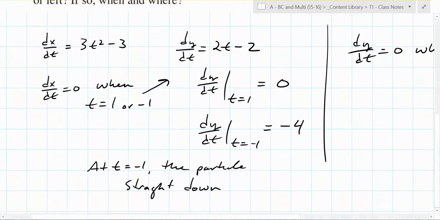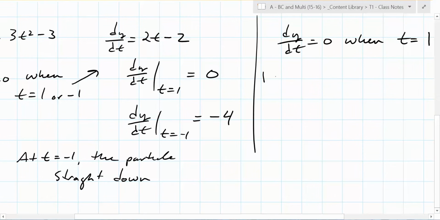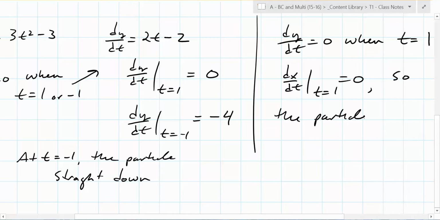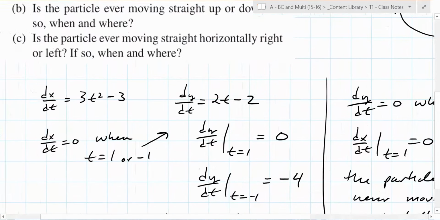But when you plug that into dx dt, it's 0. So dx dt at t equals 1 is 0, and there isn't a time. The particle is never moving just left or right. Are we okay so far?